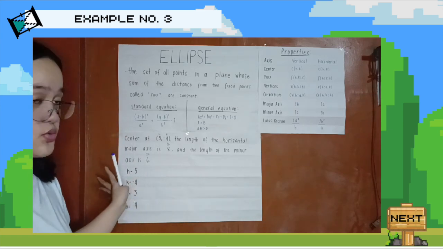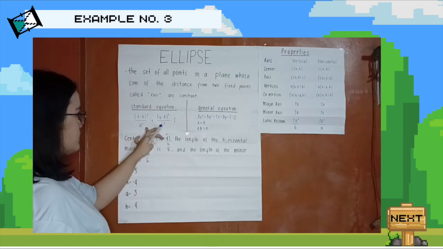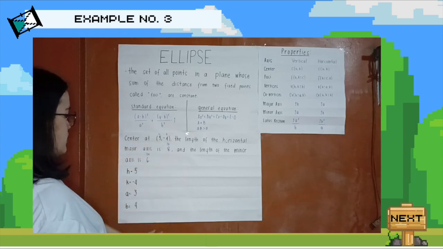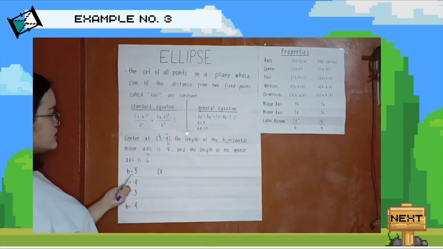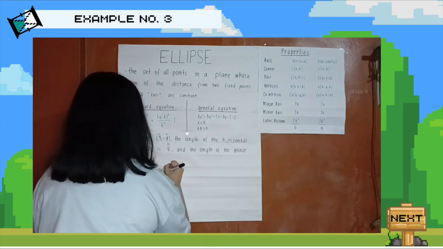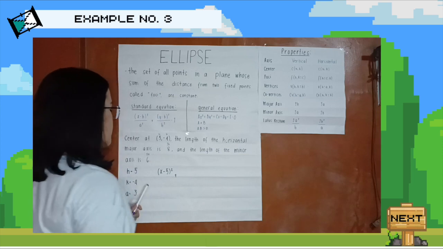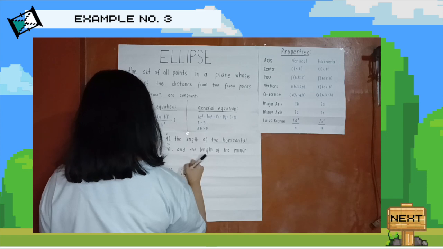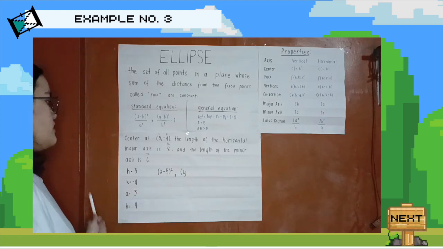And the next step is to substitute. So quantity x minus h squared over a squared plus quantity y minus k squared over b squared is equal to 1. This is our h, 5, and since k is negative 4, it will become positive 4.